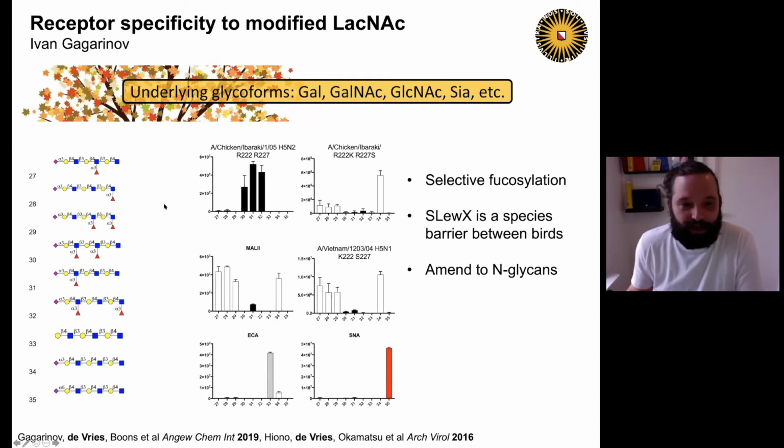And for example, here, we know, especially for H5N6 viruses, as was touched upon earlier, that some of them have a preference for terminal sialyl-Lewis X, whereas other viruses, or the prototypical Vietnam strain, will not bind the sialyl-Lewis X. And during our studies, we were able to pinpoint these specificities to 2 amino acids in the 220 loop, where you can convert sialyl-Lewis X specificity or non-modified LacNAc structures. And we are now in progress to make these kind of structures also on N-glycans.